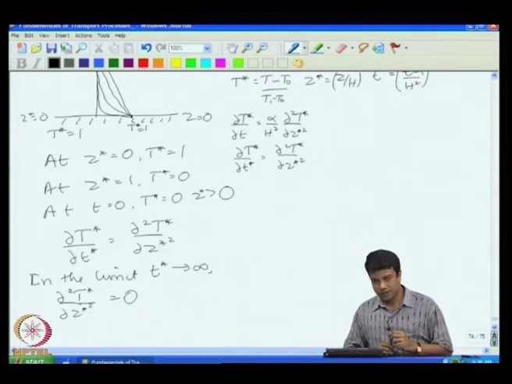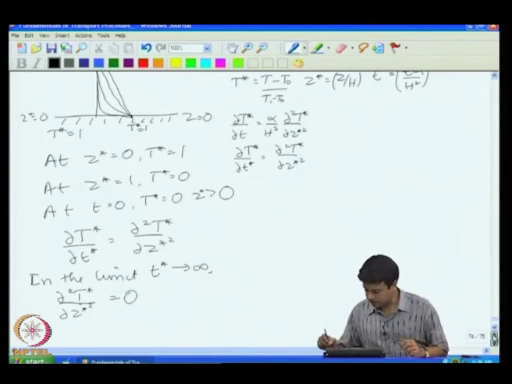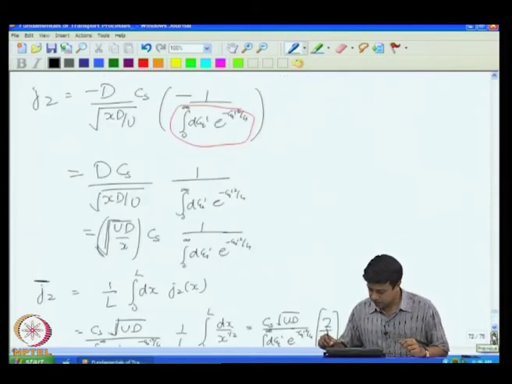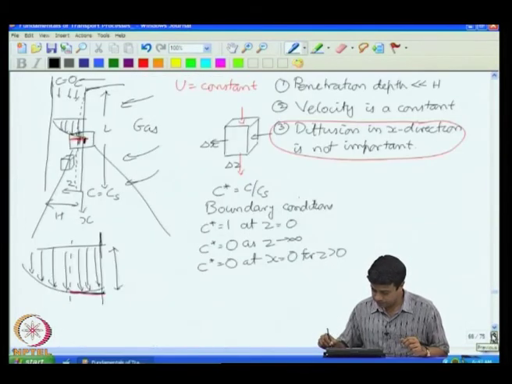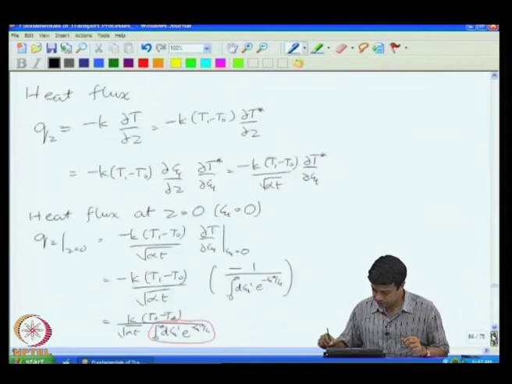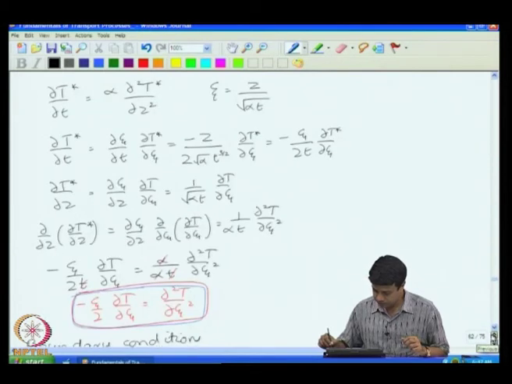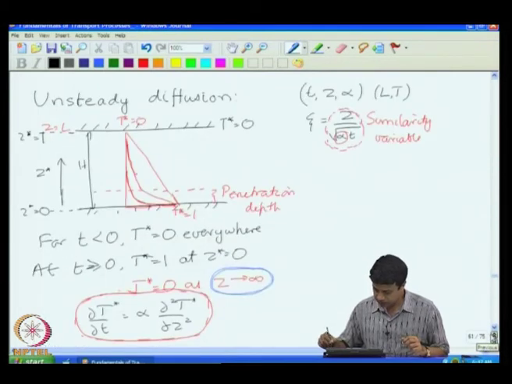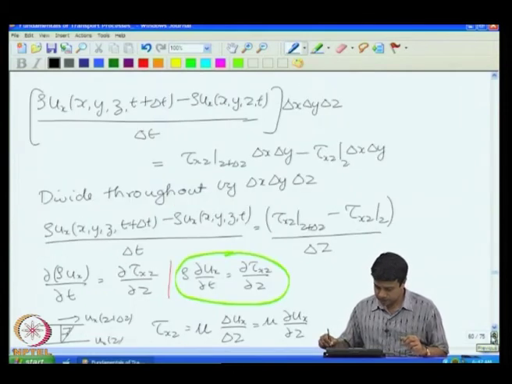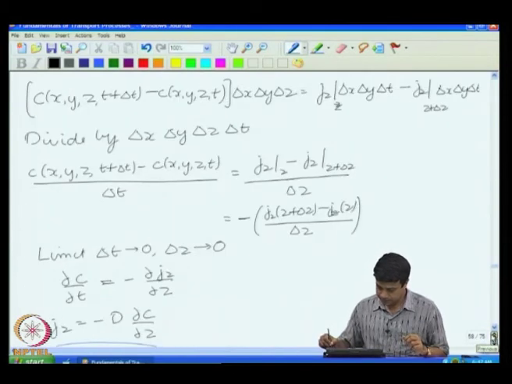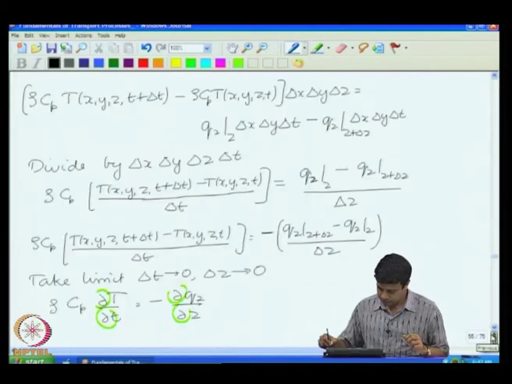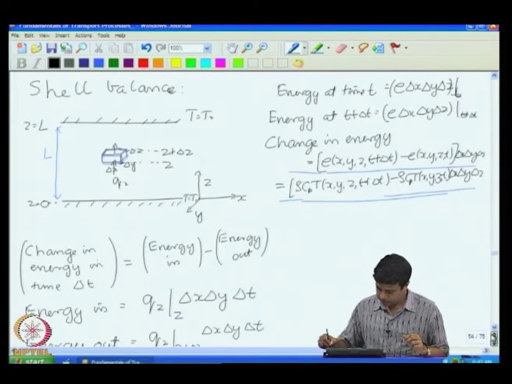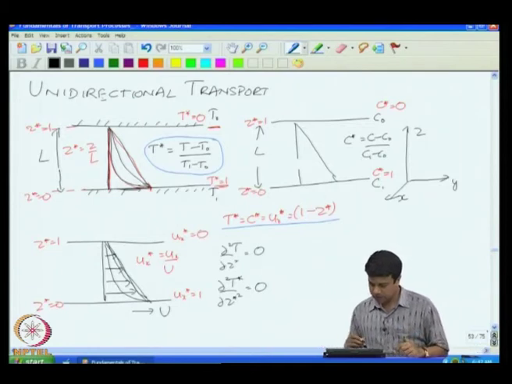This problem was solved earlier. If you recall, when we first did shell balances, we had actually solved for the temperature field in a steady state.